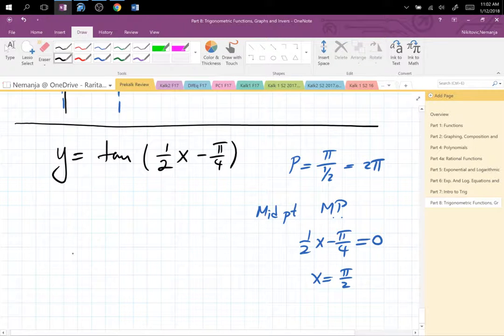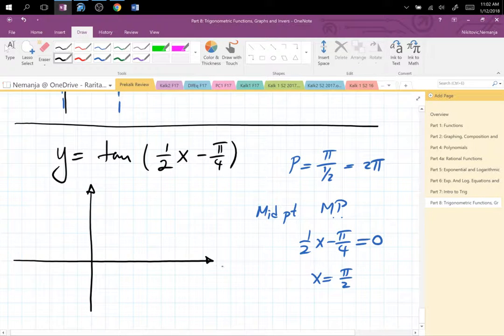So we have everything. There is no d, so we are drawing everything on the x-axis, and we have to go to the left and to the right, so leave some space. We start by first placing the midpoint at pi over 2. And then you have to go pi to the right and pi to the left.